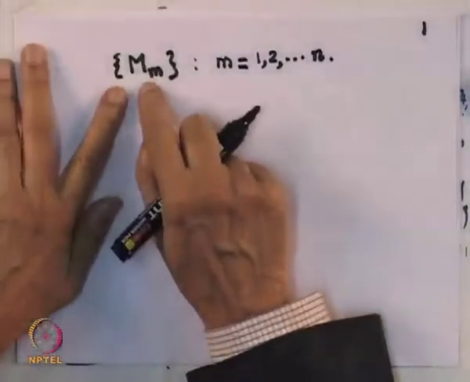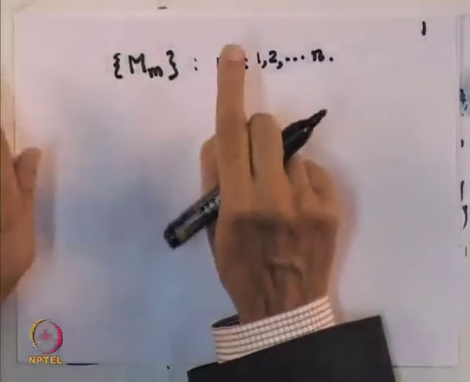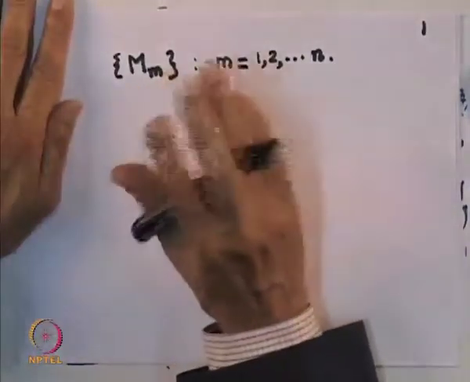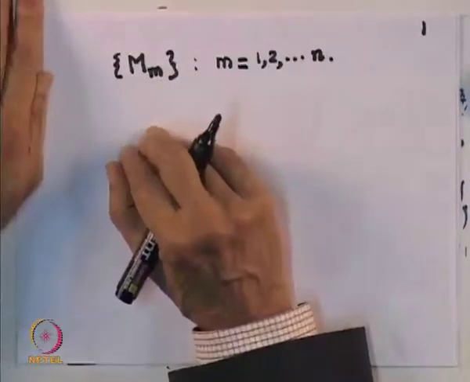So this is the operator, and when we take the expectation value in certain states, then I will get a particular result out.